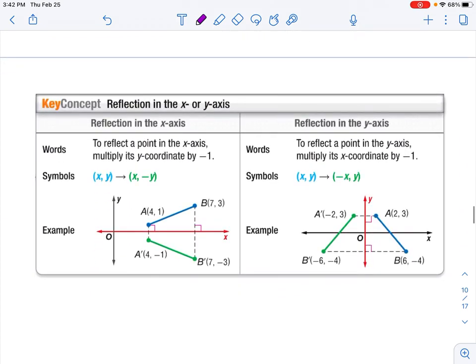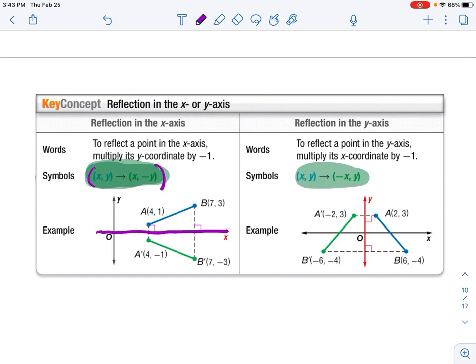Okay? Now, instead of going through, say, y equals 2 or x equals -5 or any lines like that, we can actually also just reflect across the x or the y axis. So with the x-axis, we have this sort of equation you can use. You could also just use the counting method again. The x-axis is the horizontal axis.